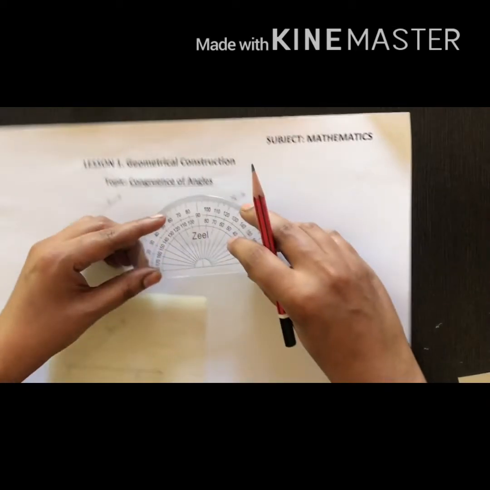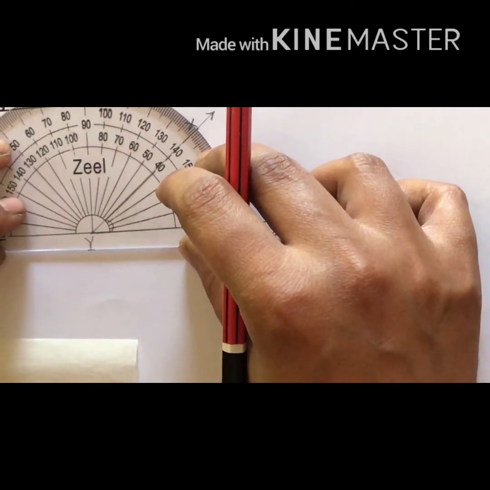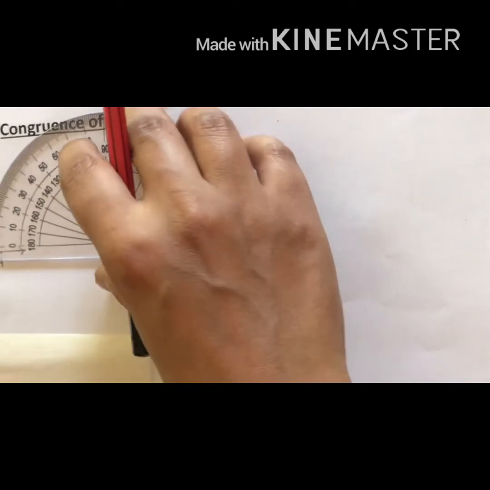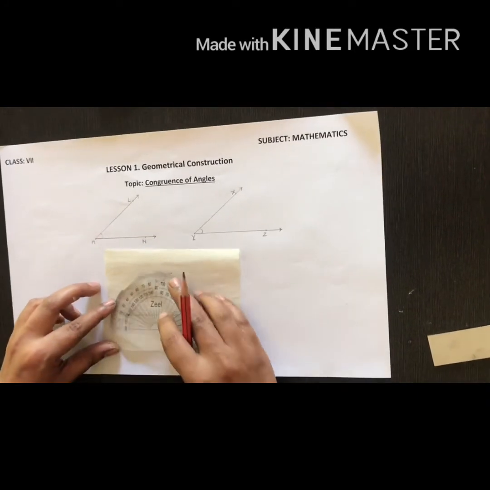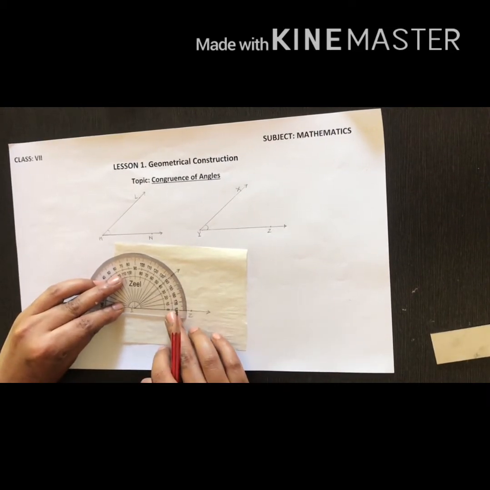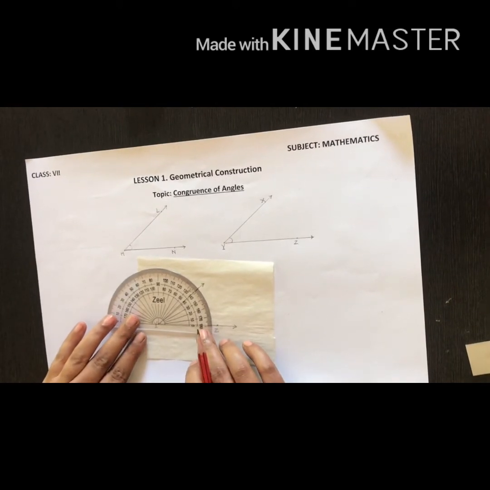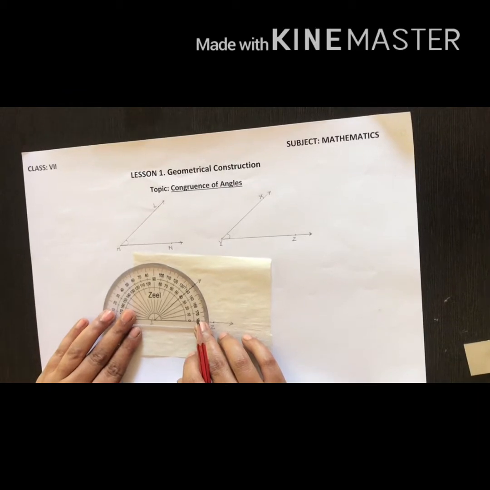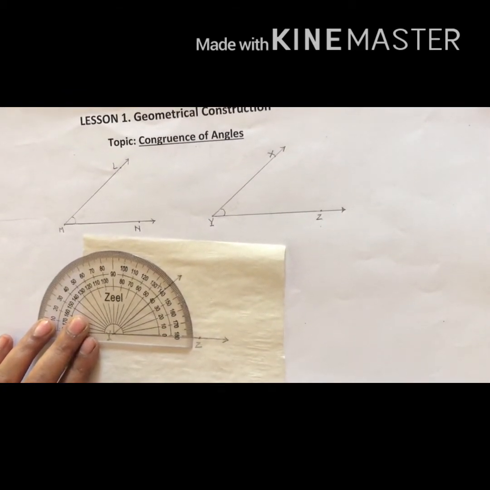If we measure angle XYZ, it's also 40 degrees. Now we will check on trace paper. So it is also 40 degrees.